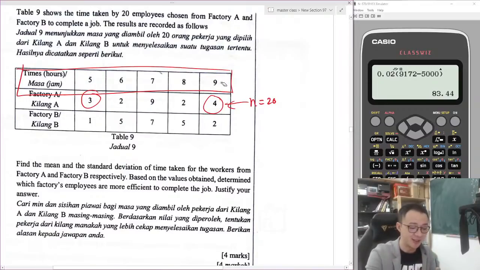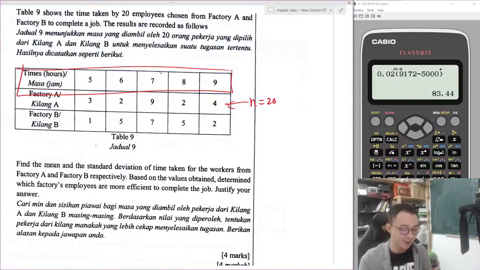Then find the mean and standard deviation of the time taken for the workers from factory A and B. Based on the values obtained, determine which factory's employees are more efficient to complete the job, and justify your answer.